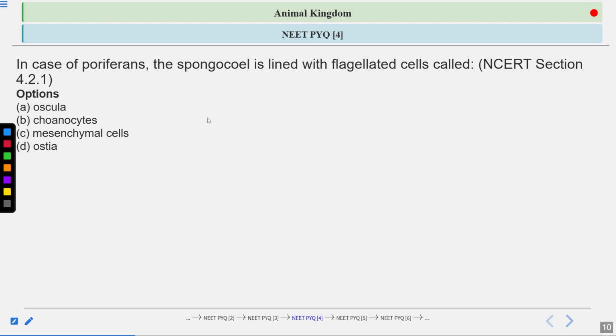C, mesenchymal cells, and D, ostia, right? So you have to tell the name of this flagellated cell that is present in the internal lining of the spongocoel cavity. The spongocoel cavity is lined with which type of cells, the cells that are flagellated.